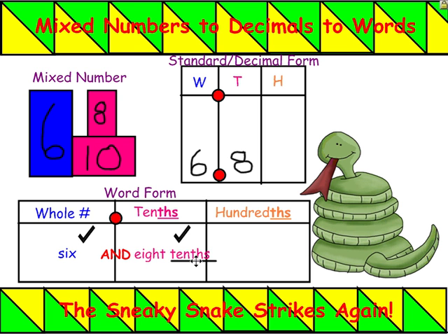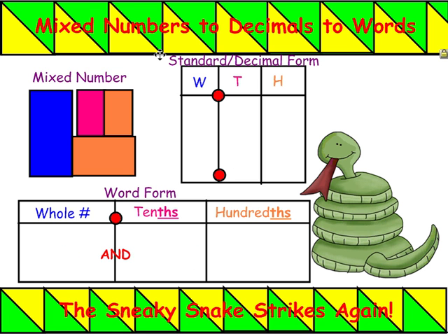Now we're going to move towards writing it as hundredths. Okay, now I have turned this into 2 boxes up top, because if you look at your sneaky snake chart or your decimal form chart, you'll see that when we're dealing with numbers that have a denominator of 100, there's going to be 2 digits in the top number. So here we go.